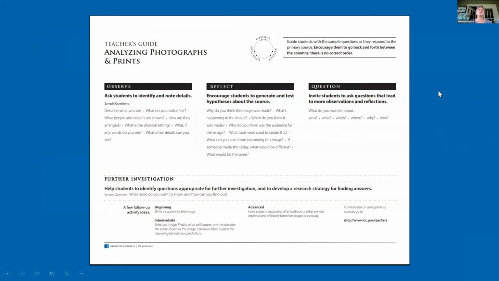So this goes again, just so great with what Keith was talking about. This is one of the many teacher guides that the Library of Congress has for you. The Library of Congress has this whole set of analysis tools, and exactly the words that Keith was talking about. What do your students see on this primary source? And I want you to think about see in terms of things like buildings, things like statues.